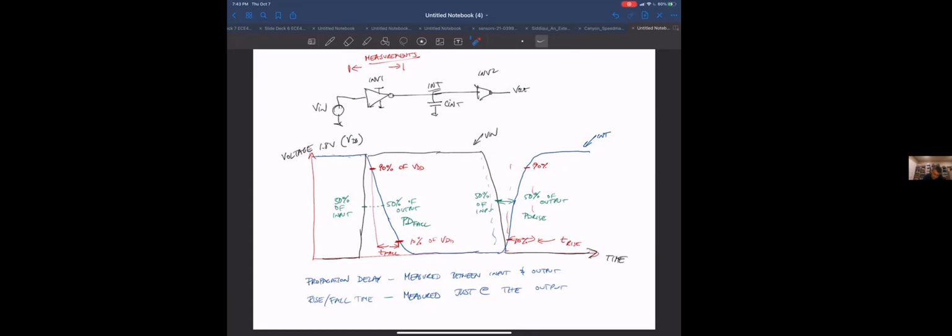I can't honestly say there is a standard, but it's usually one of those two, either 10-90 or 20-80. But the prop delay is always from the 50% point of the input to the 50% point of the output.